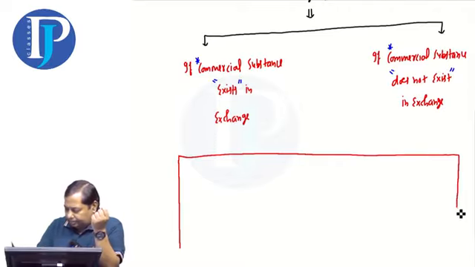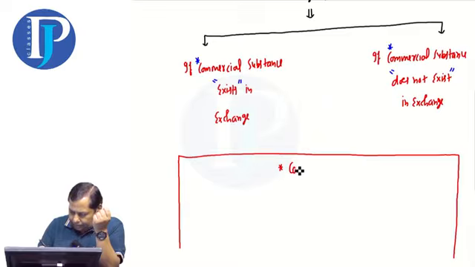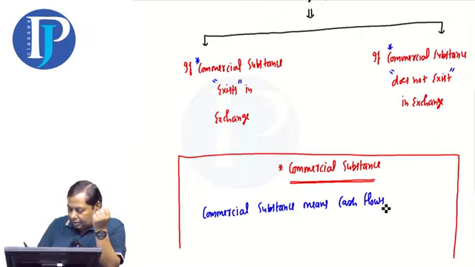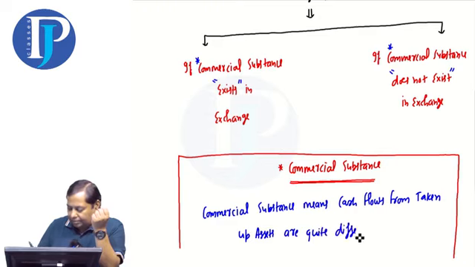You should note it down like this. So commercial substance means cash flows from taken up assets are quite different from given up assets.